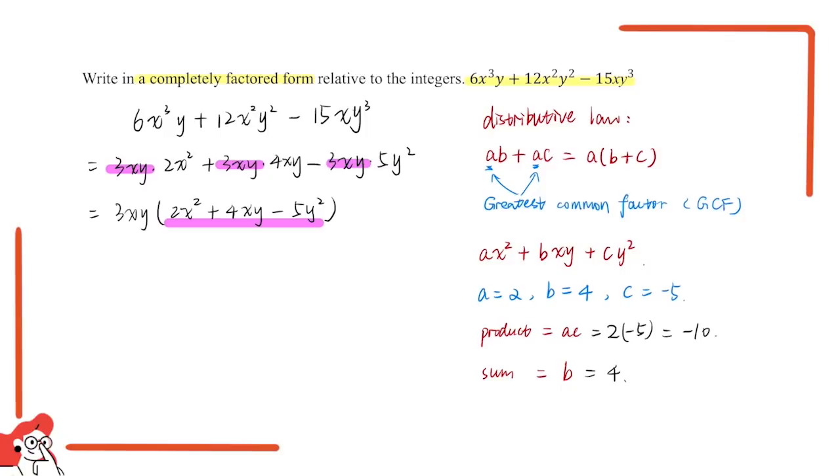However, it's clear that there are no such numbers whose product is -10 and the sum is 4. Therefore, the polynomial 2x squared plus 4xy minus 5y squared cannot be factorized further.